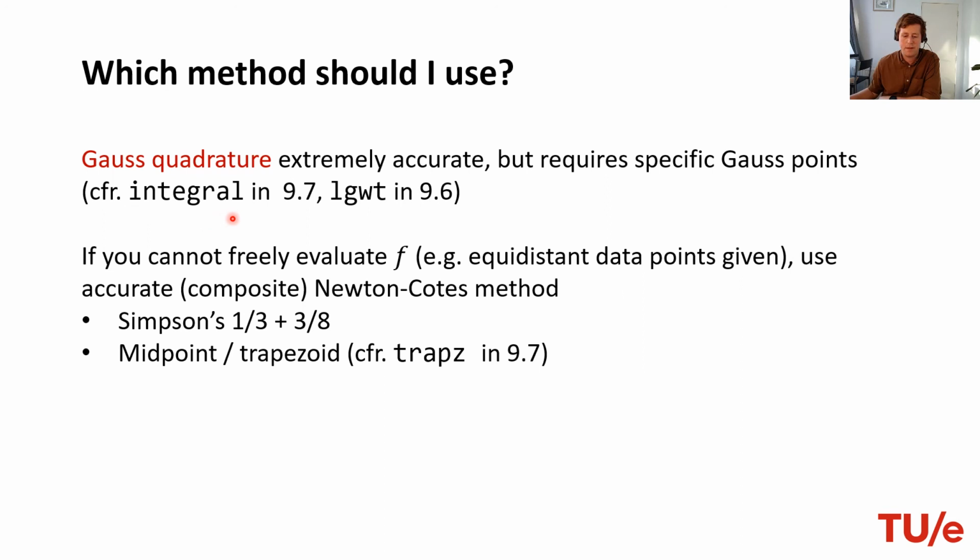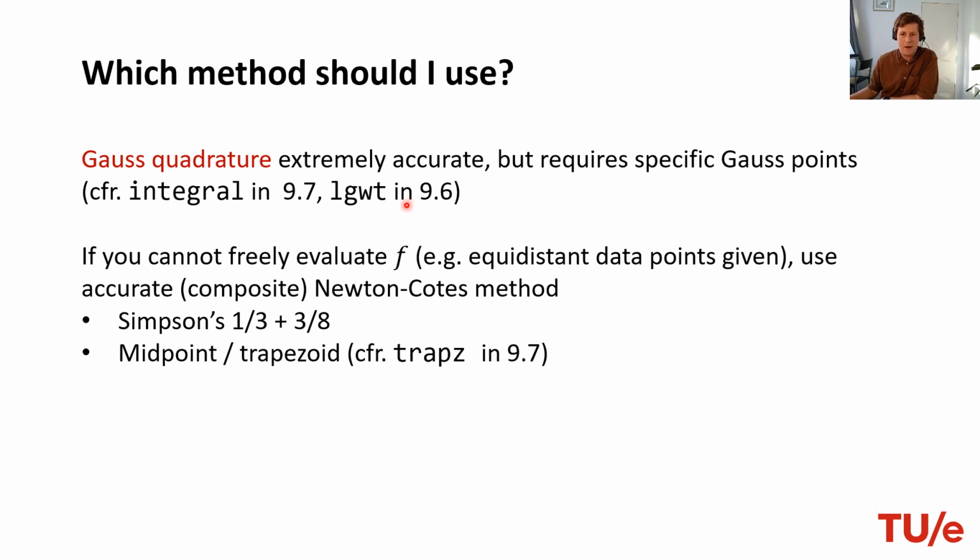In MATLAB, there is the function integral, which implements a specific Gauss quadrature method, which I discussed in the video for section 9.7. But also in the specific video for Gauss quadrature, I showed you this function that allows you to compute the Gauss weights if you want a little bit more control over how many Gauss points you want to use, etc. You can look at the MATLAB demo that I have in the video for section 9.6.